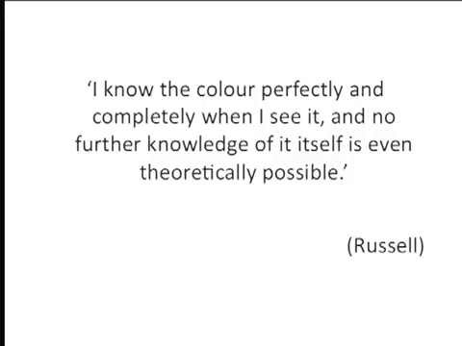And you can see what he means there: you could learn as much as you liked about red in a theoretical kind of way, but when you look at the colour for the first time, you get some kind of knowledge. You get knowledge of which particular colour that is. And that kind of knowledge, you could supplement it by getting knowledge about what kind of wavelengths are associated with it, what kind of plants have it, what its significance is.